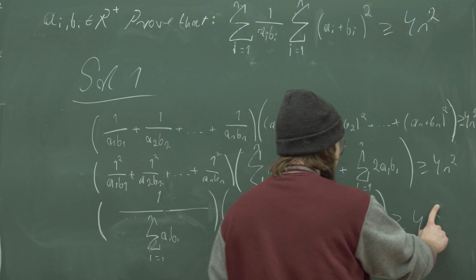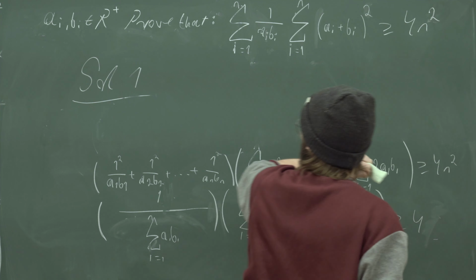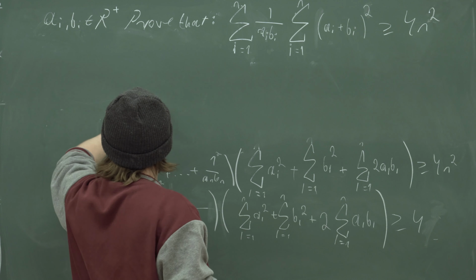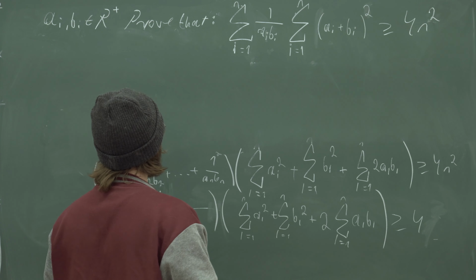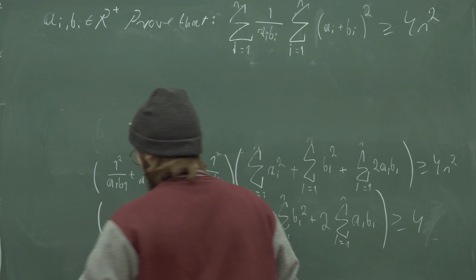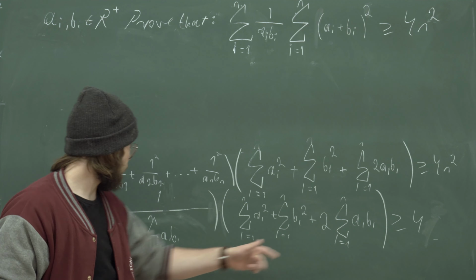And now, well, it actually would be kind of nice to maybe take the reciprocal of this entire sum, and multiply it by the stuff right there. So maybe let me make a little bit more space here on the upper side, and I will do it also by erasing the beautiful solution 1. So what we're going to get is, well, 1 over the sum of ai times bi times 2 times the sum of ai times bi is just going to be 2, because those two will cancel each other out.